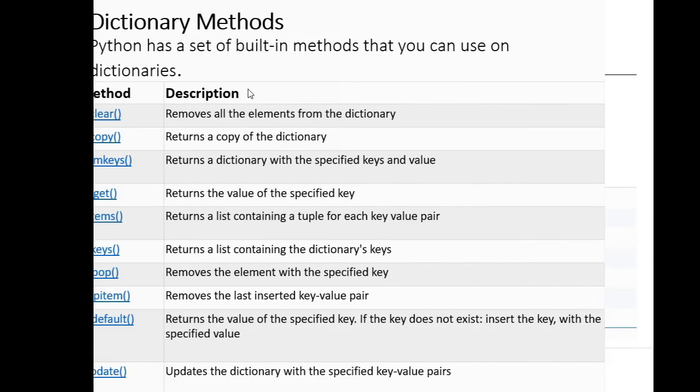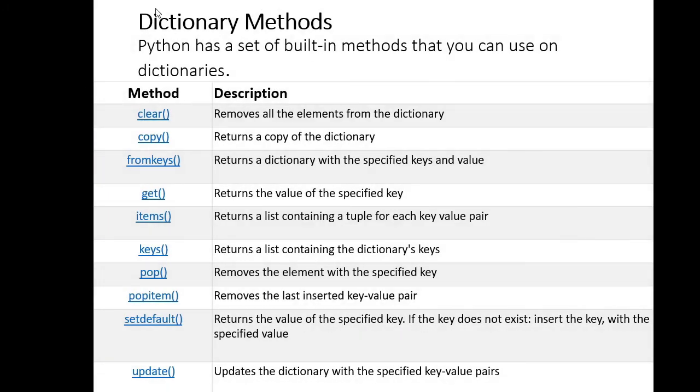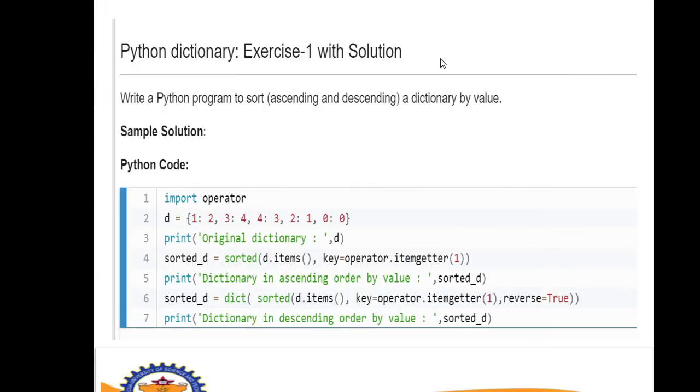So, ito class, magbibigay na lang ako ng sample na codes related dito sa dictionary methods and also on how they are being applied. So, this is an example of a Python exercise. How do we use a Python dictionary na makapag-sort ng ascending and descending value?